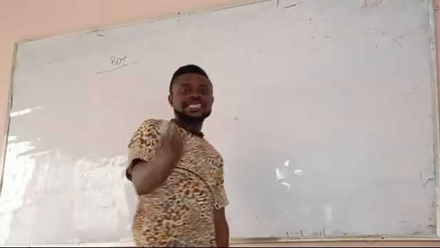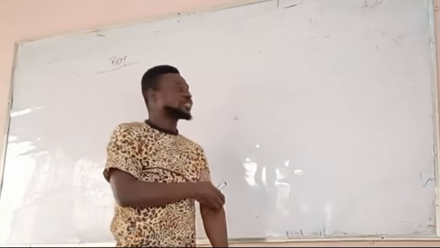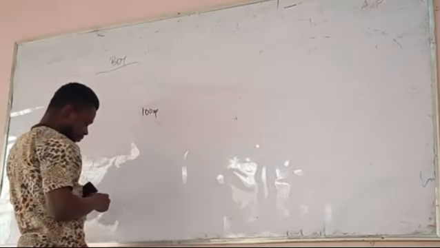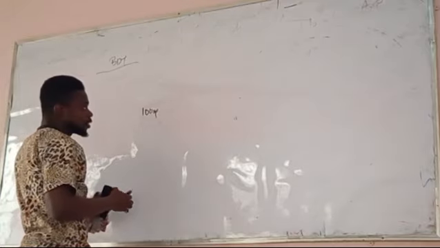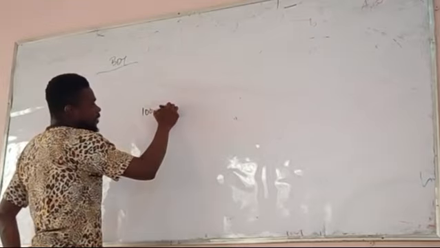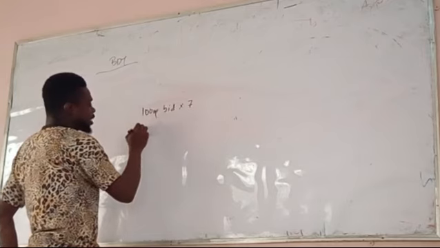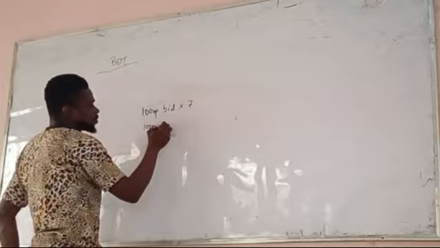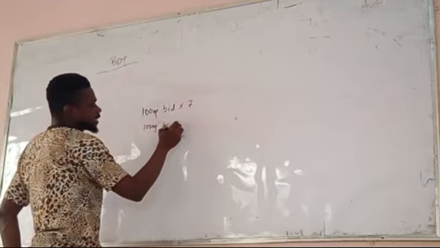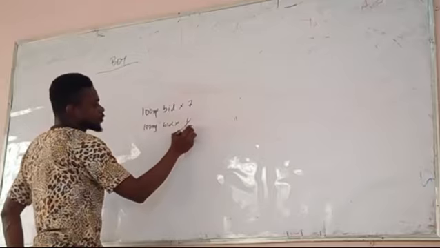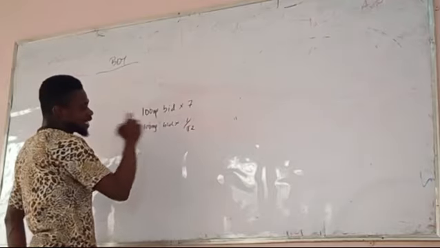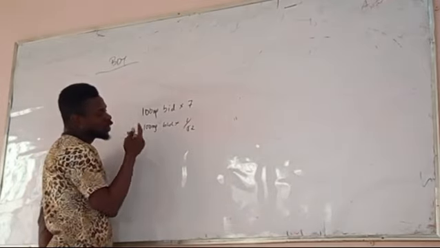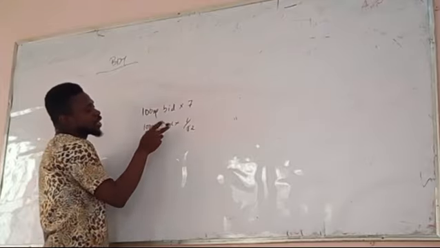So the entire volume is 60 ml. The prescription says 100 milligram BID times 7, that is for 7 days. To solve this, we should first find how many milligrams will serve for 1 day.